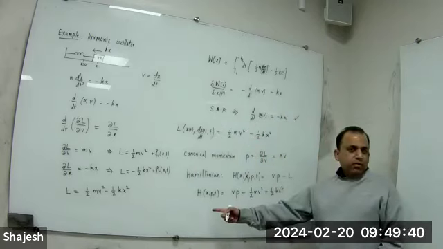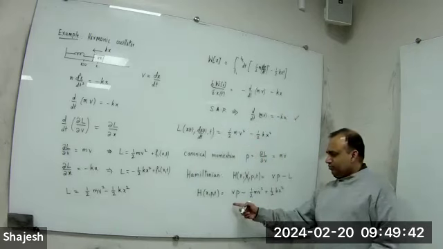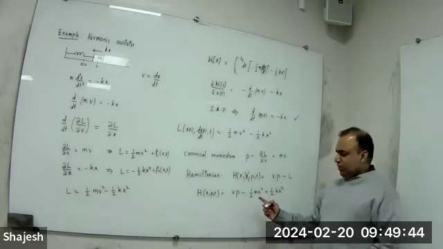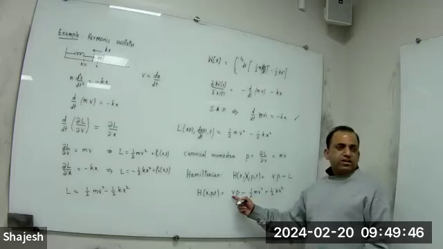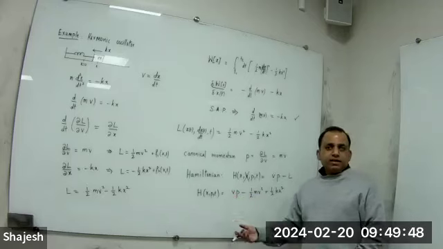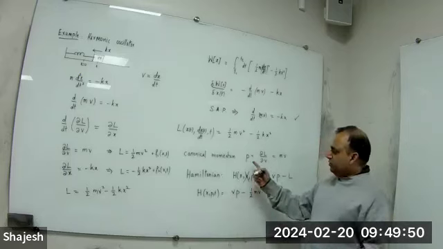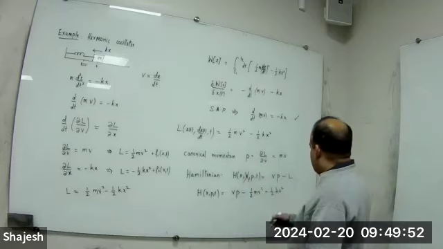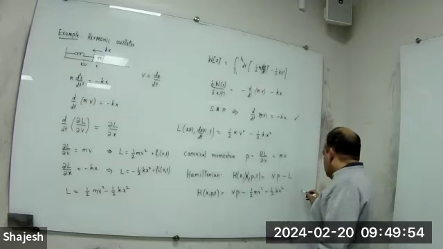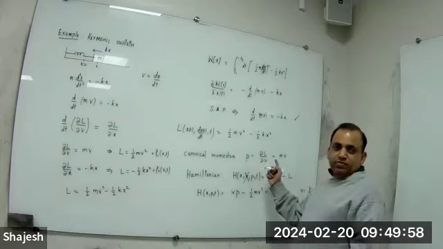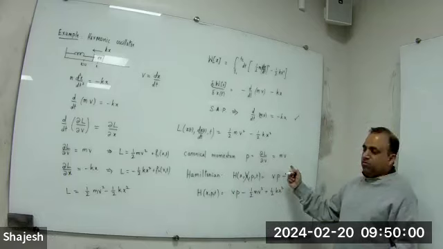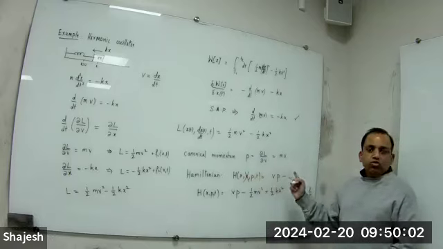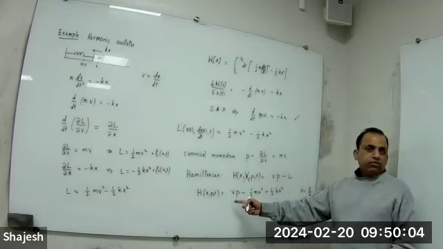This is surely a Hamiltonian, but not in the true sense because we have written it in the form of V. So I have to get rid of V in terms of P. V is equal to P over m. The canonical momentum will always give me a connection between the velocity and the momentum. Use that to get rid of the velocity here.